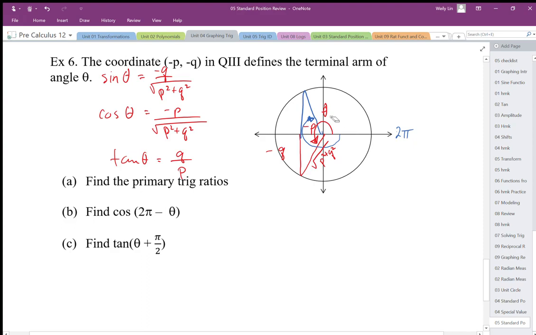Remember that the x-coordinates are the same going in both directions. So if I want to find the cosine of that, I just look at that picture. That position is negative p. The radius is still the same. There's my cosine ratio. Down the road when we get into trig identities, there's actually a formula for this, but we don't necessarily need a formula. We can just work this out geometrically.